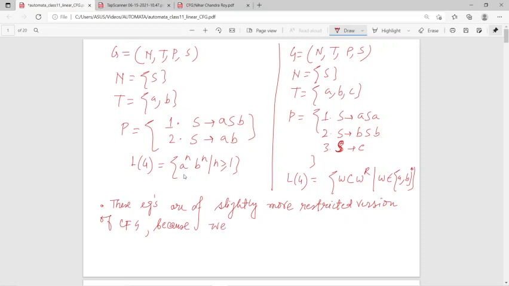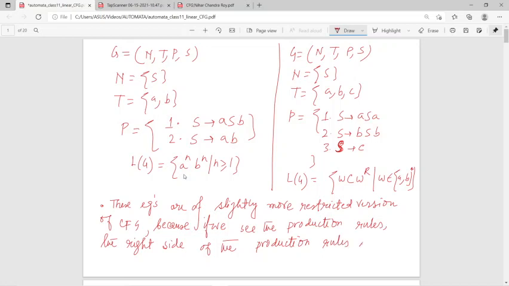Because if we see the production rules, you observe that on the right side of the production rules, along with terminals, we have one non-terminal itself.